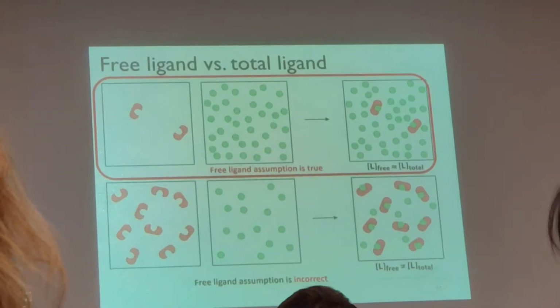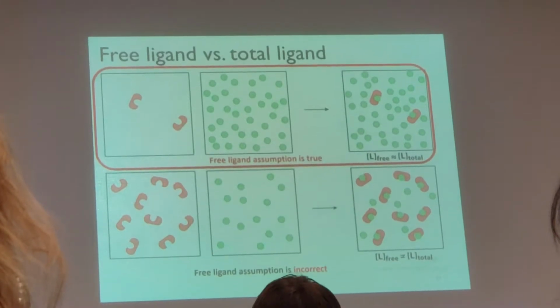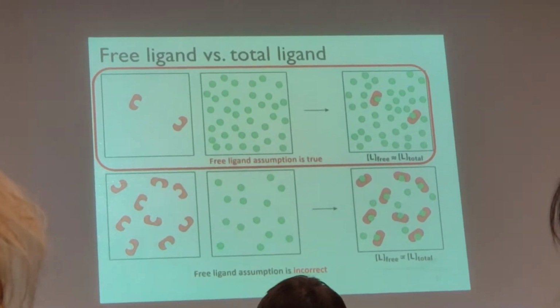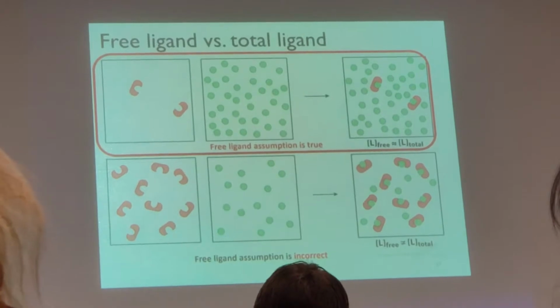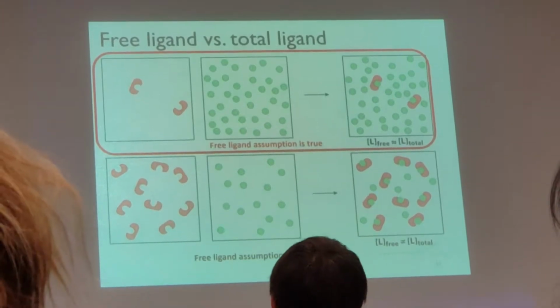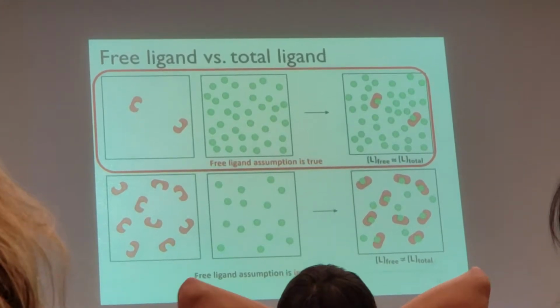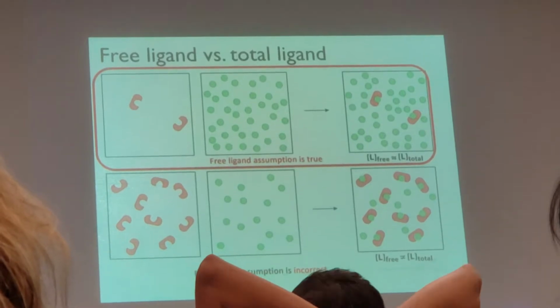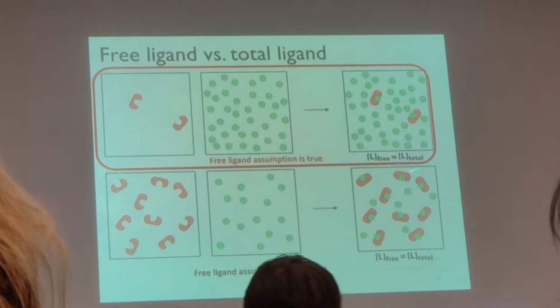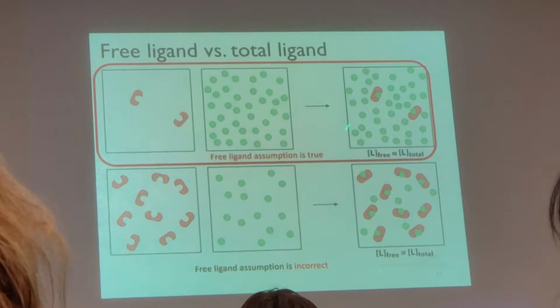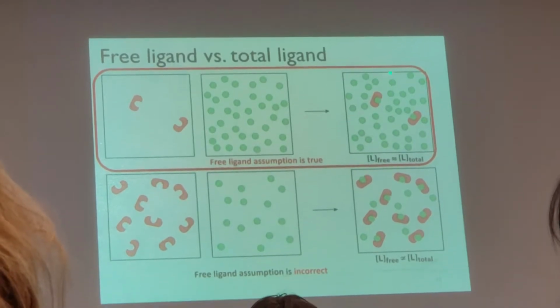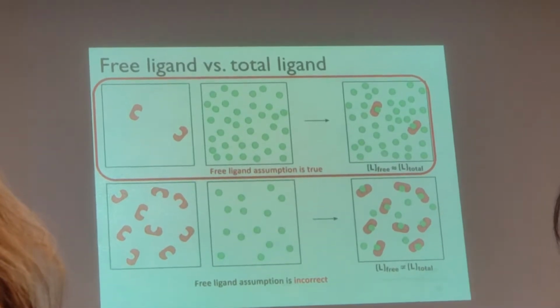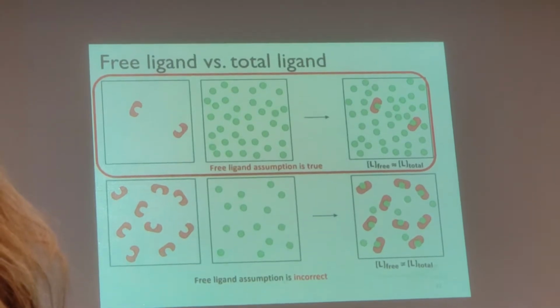So here it is kind of graphically, because this will probably make more sense than those equations. On the top is a situation where the free ligand assumption is true, meaning that if I look at adding all this, most of my ligand, all the free stuff, is basically the same as the total.